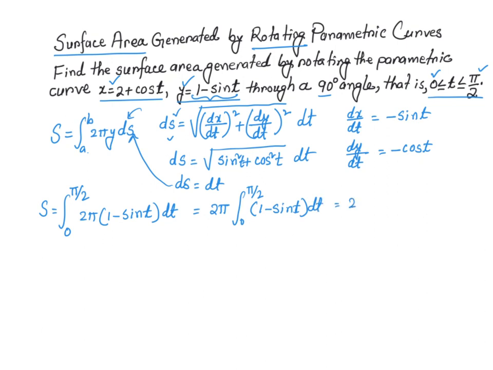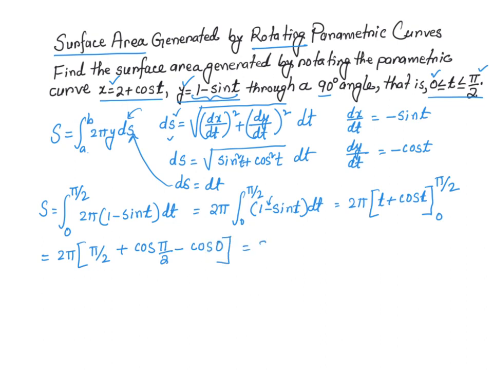Now if I integrate it, I'm going to get 2 pi times t. The integral of sine of t is negative cosine of t. Negative and negative is going to make it positive. So plus cosine of t, evaluated between 0 and pi over 2. So let's go ahead and do it. 2 pi times t is pi over 2 minus 0, so I don't worry about it, plus cosine of pi over 2 minus cosine of 0.